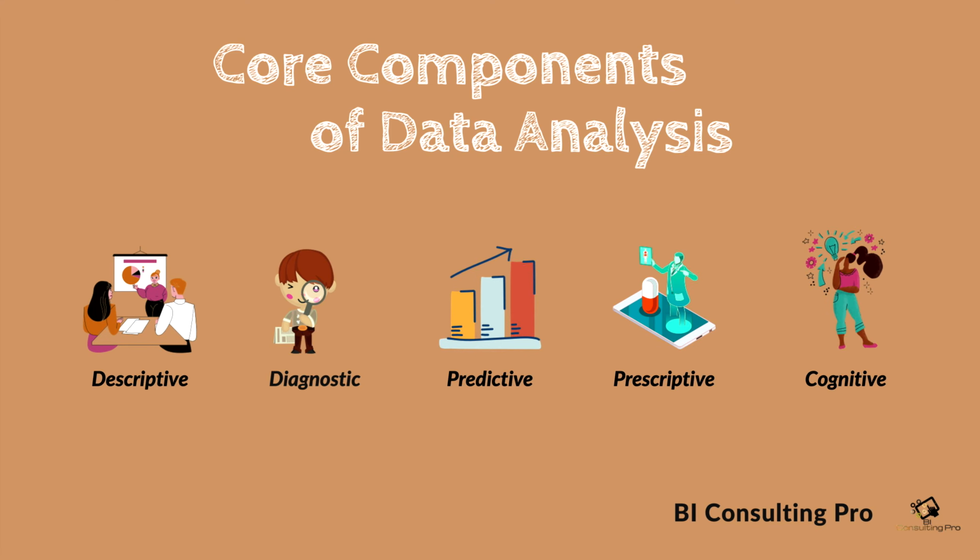So in Power BI, we get lots of cognitive services. For example, we have text analysis. We have another technique which is known as sentiment analysis. Then there are certain AI-based visuals over there. So all those, like image tagging, come under the part of cognitive analytics.